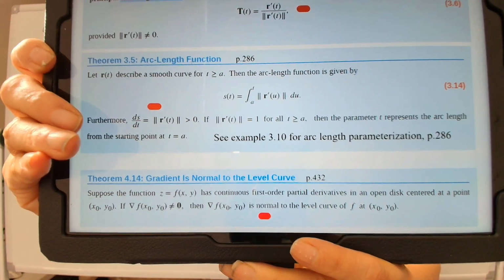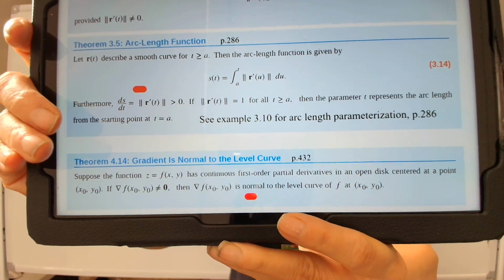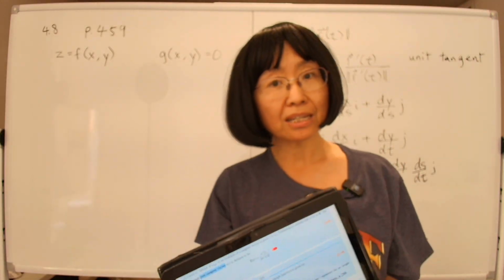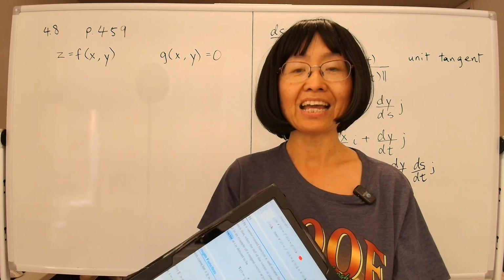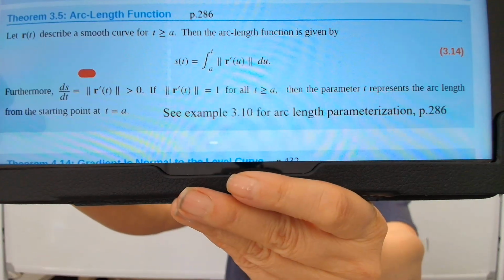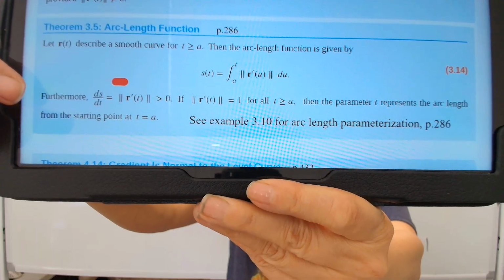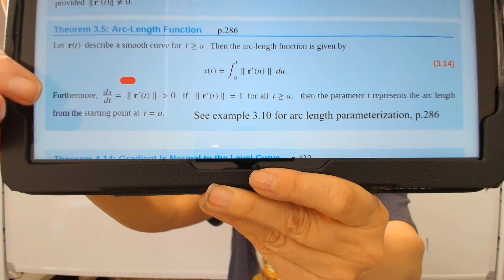All right, and then if you want to see the arc length, you can express r in terms of s instead of in terms of t. That is called the arc length parameterization, right down here, and that's example 3.10 if you want to look at it.